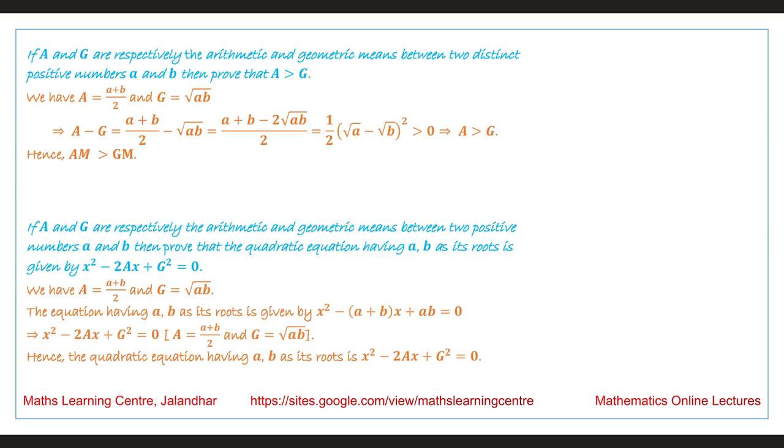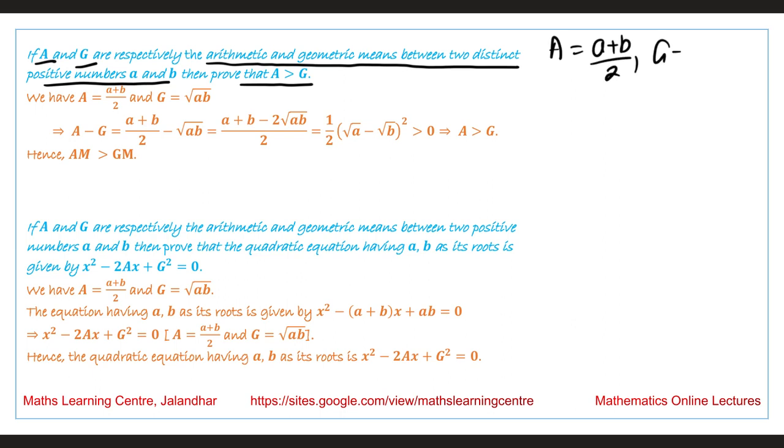Next we have, if capital A and capital G are the arithmetic and geometric means between two distinct positive numbers a and b, we have to prove that A is greater than G. So it is being given that A is equal to a plus b by 2 and G is equal to square root of ab. Now if we calculate the value of A minus G, the answer we have is a plus b by 2 minus square root of ab.